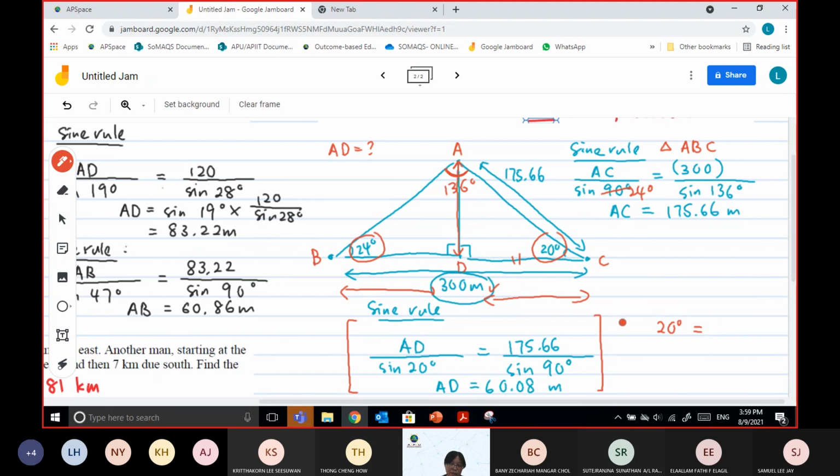It's sine 20, right? So sine 20 equals AD over 175.66. So you will also get the answer.